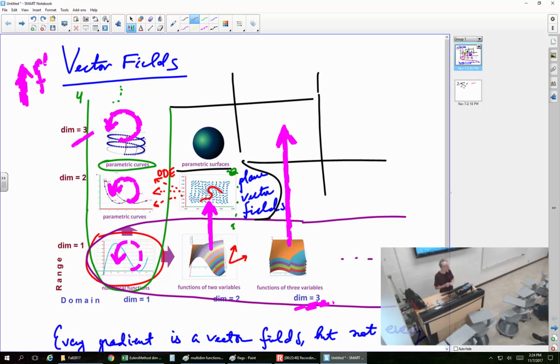We are moving through it, and how much work we have to do to get through it depends on the path.